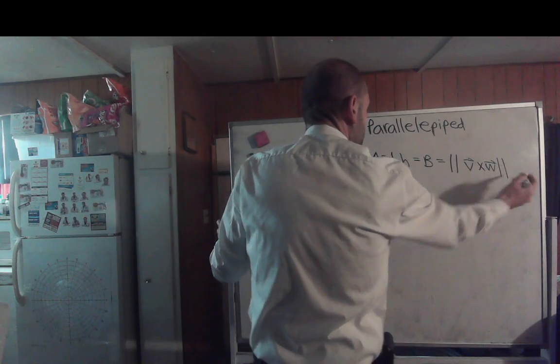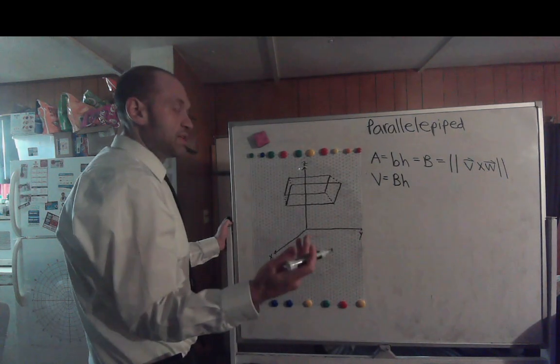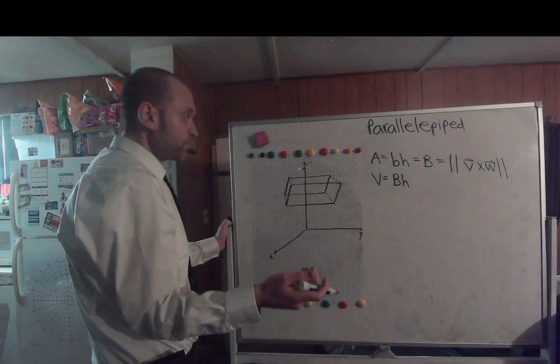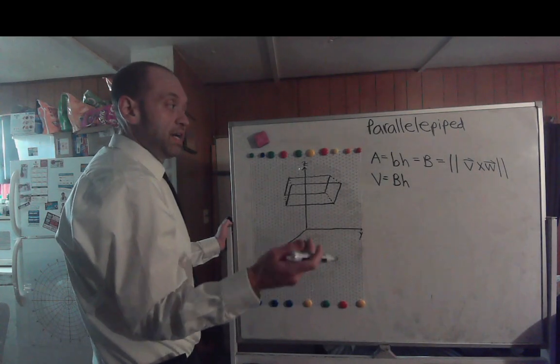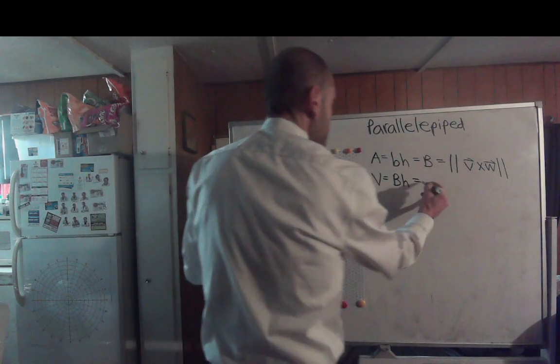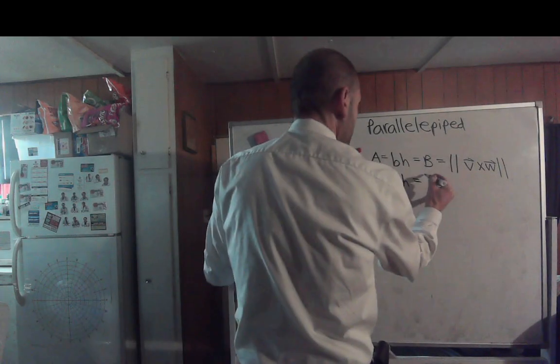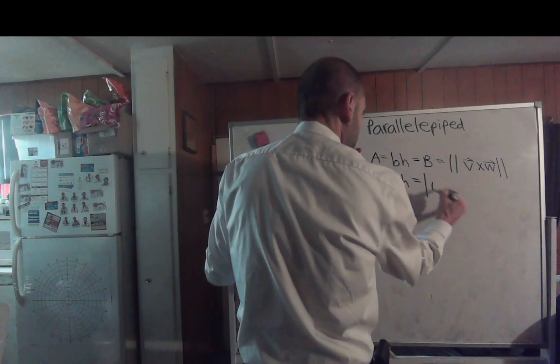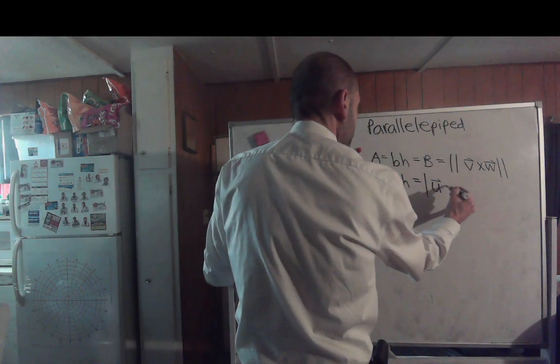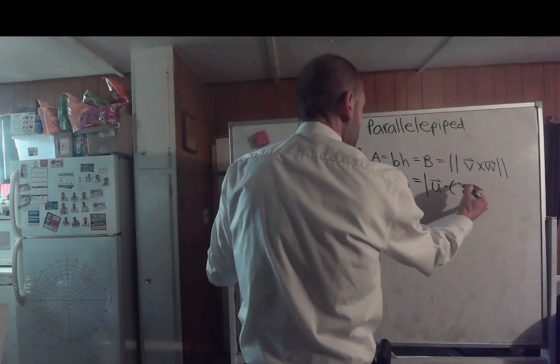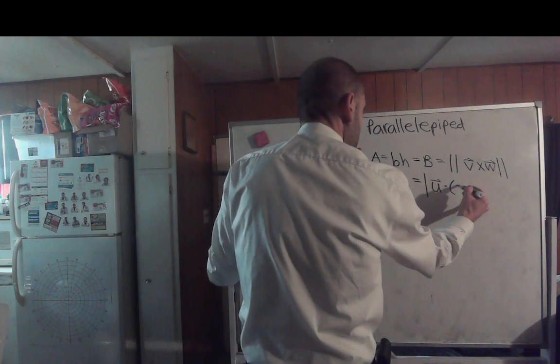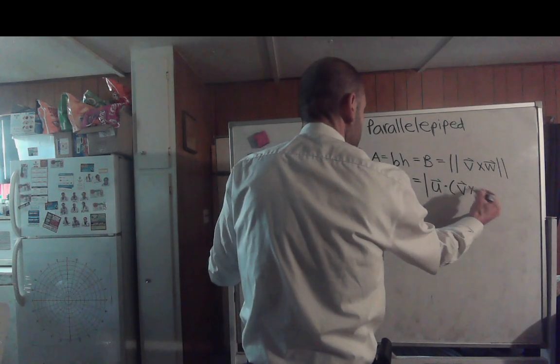That's just the magnitude of the cross product of vectors v and w. Well, you can call the height vector u, so what you end up having is you're actually going to take the absolute value of the triple scalar product of these vectors.